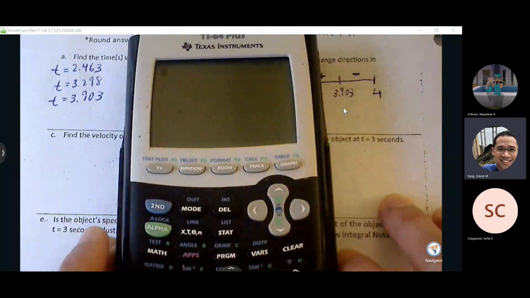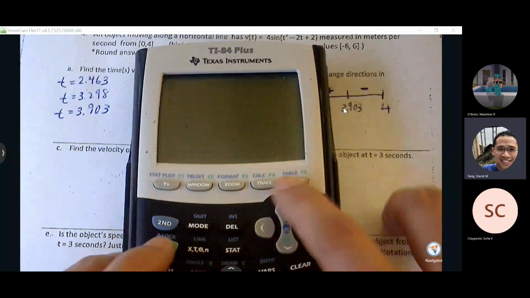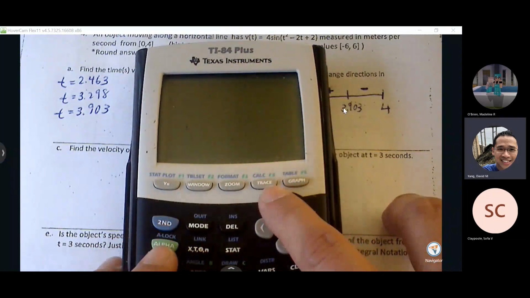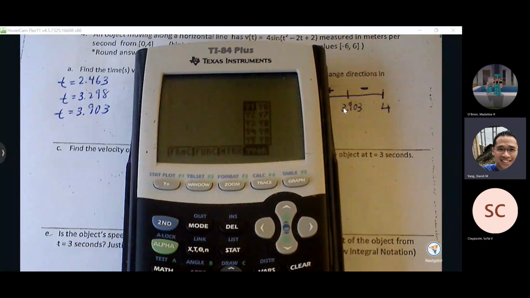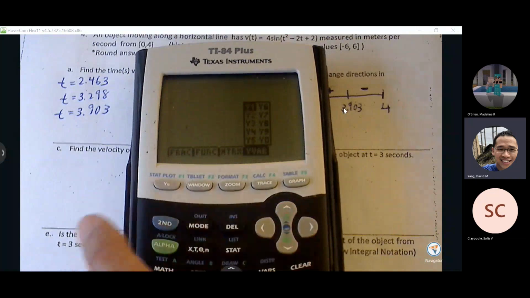So the student told me a little bit of a shortcut. I didn't realize that if you do alpha trace, you can pick out the y value that you plugged it in. So y1 is holding your function right now. So you see how y1 is highlighted right now?